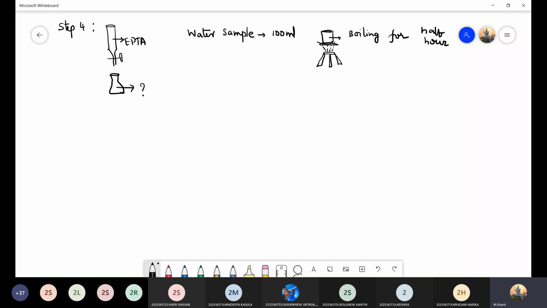What does this water sample contain? This is a borewell water sample, right? It contains salts.